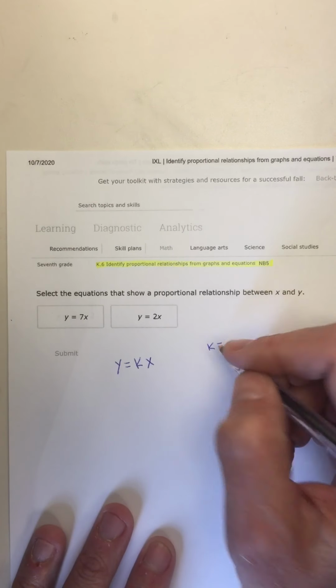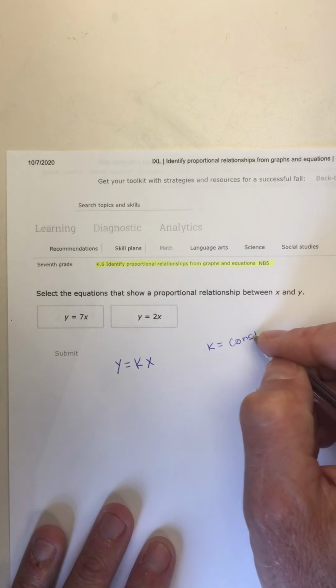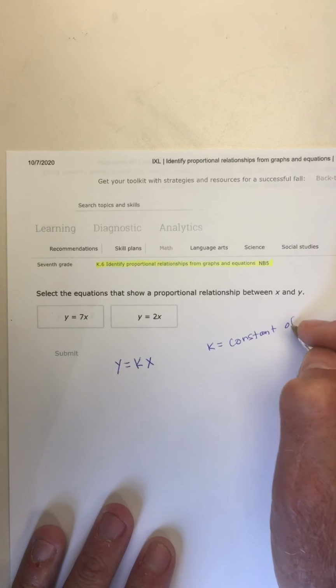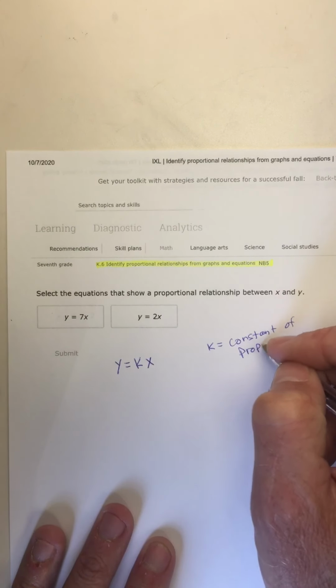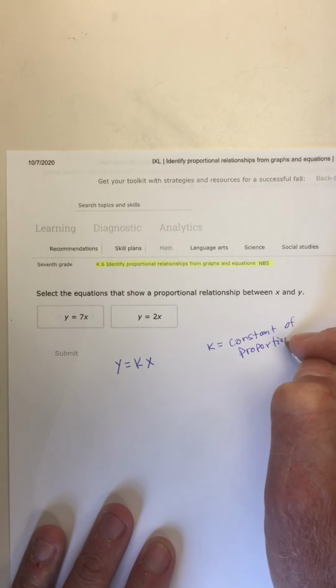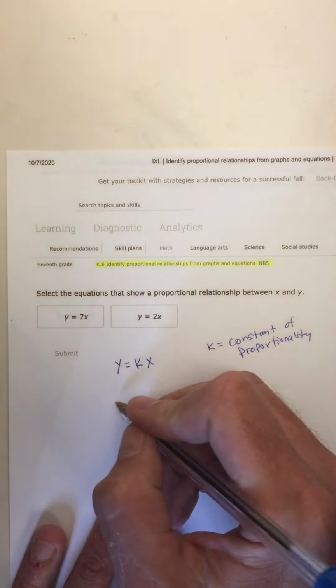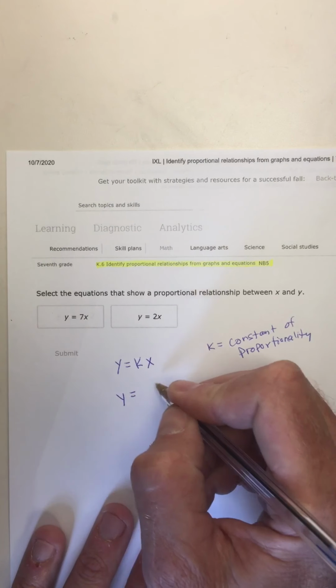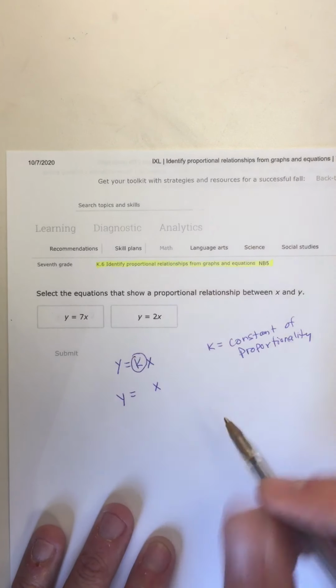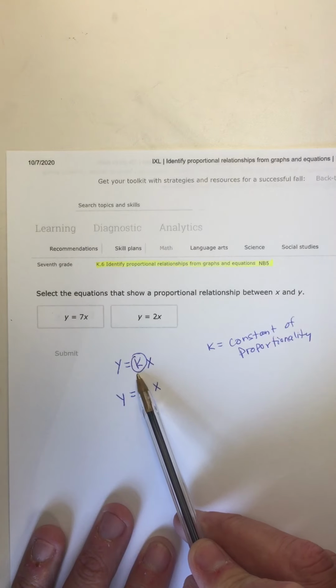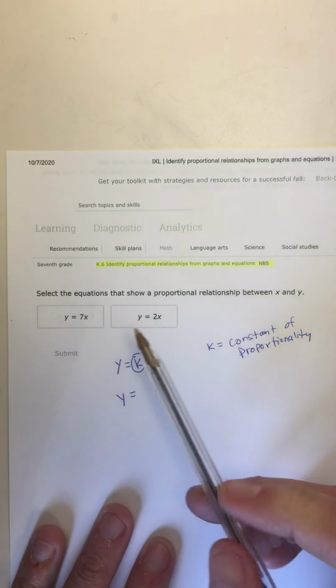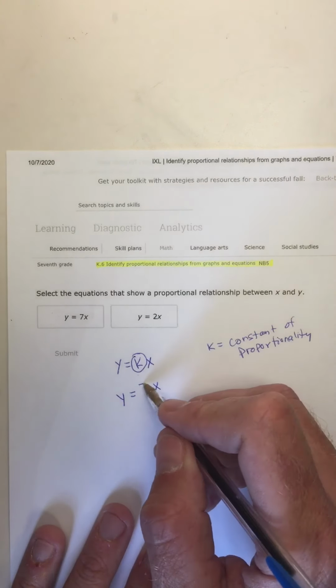And remember, k is the same thing as the constant of proportionality. And once we found the constant of proportionality, we just rewrote the y and the x, and we replaced the k with the constant of proportionality.